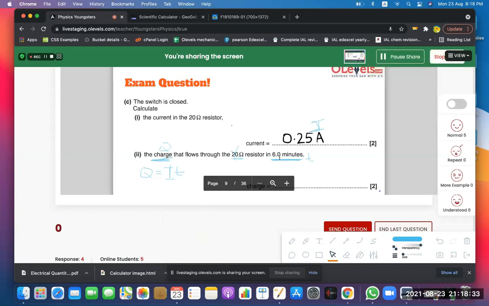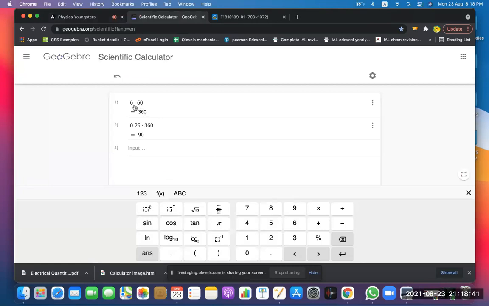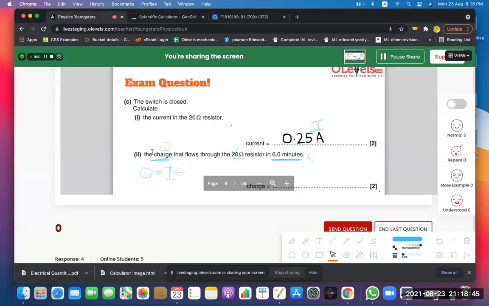Okay, first let me calculate. First, I will convert 6 minutes to seconds. So I will do 6 multiplied by 60, and I got 360 seconds. Now I have to calculate the charge. I will use the formula Q equals IT. I is 0.25 amperes from the previous question part, and the time is 360 seconds, which we just calculated.